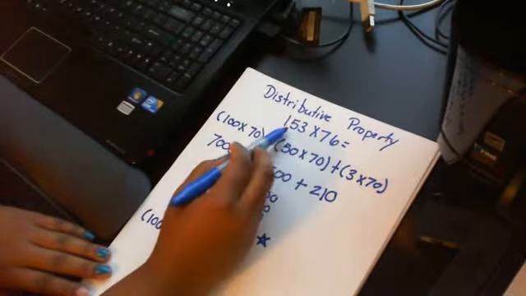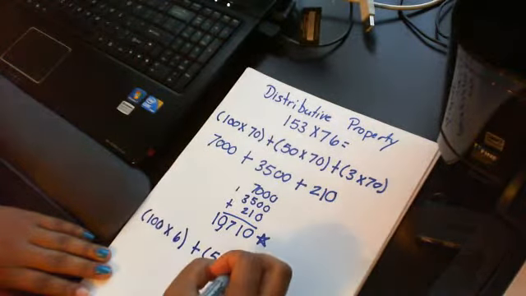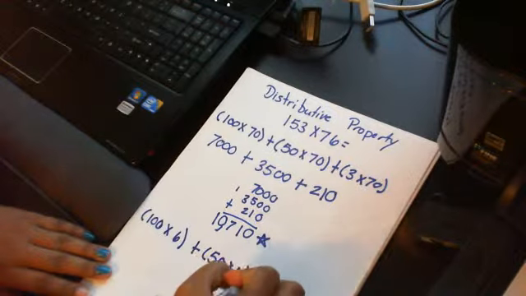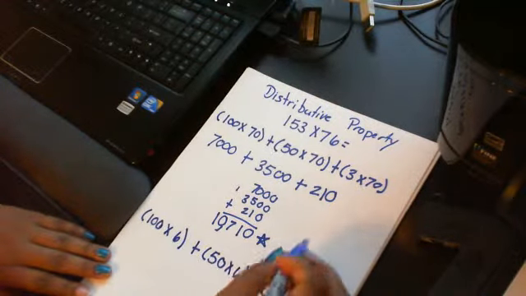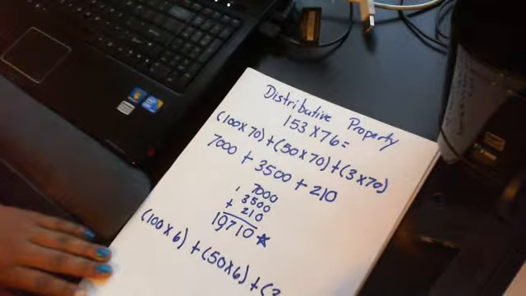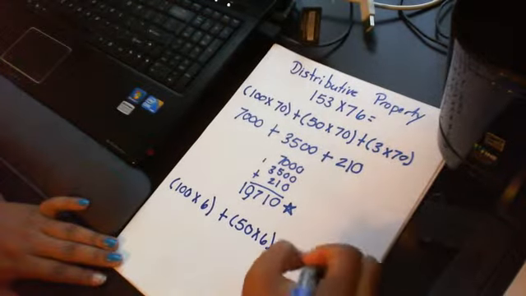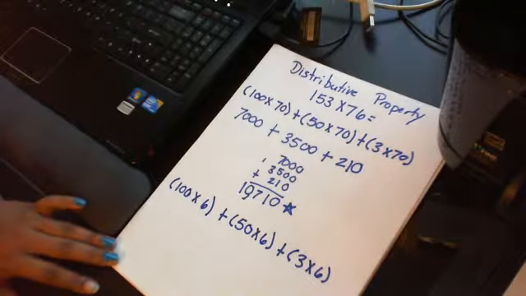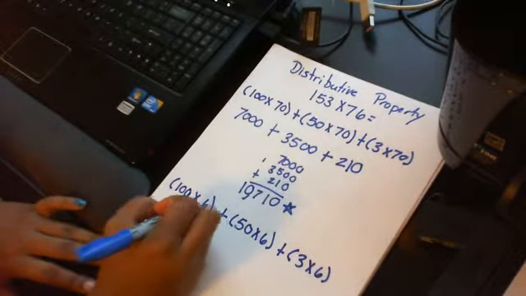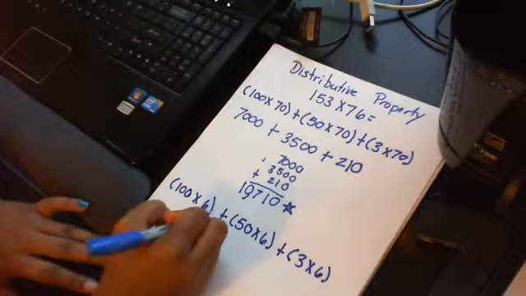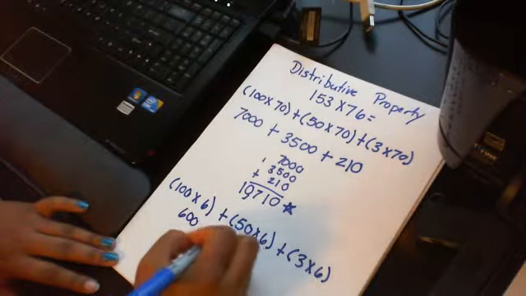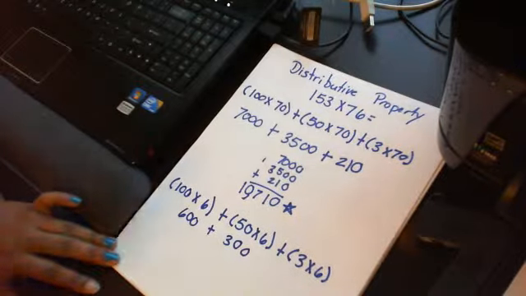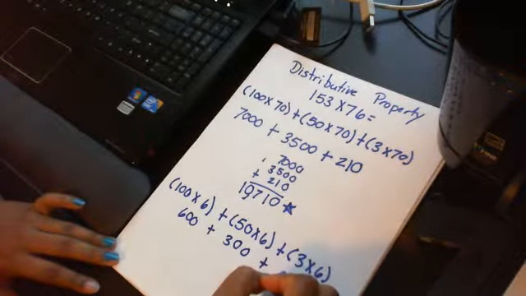The 50 comes from the 5 with 1 digit behind it in expanded form, times 6, plus parentheses 3 times 6, close parentheses. So now I just simplify. 6 times 1 is 6 and there are 2 zeros. 5 times 6 is 30 with 1 zero, which gives me 300. And 3 times 6 is 18.